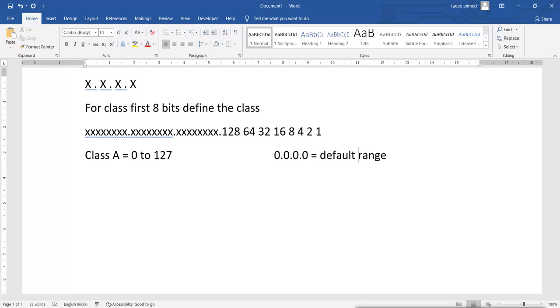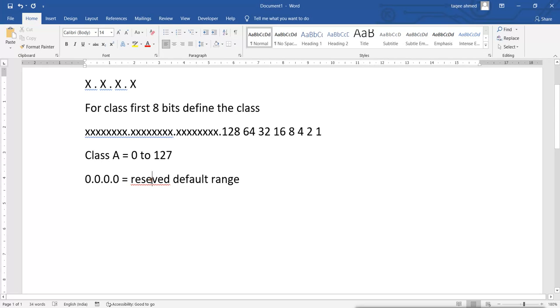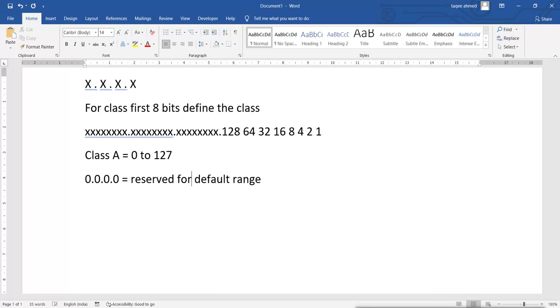Then one more IP we can't use, and this is reserved for the default range.